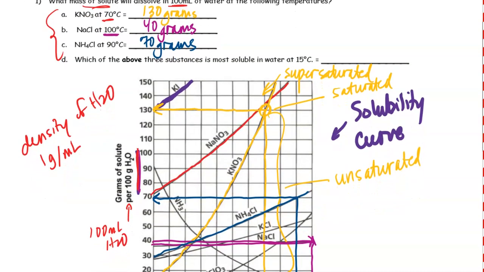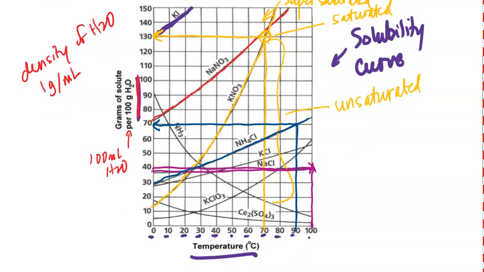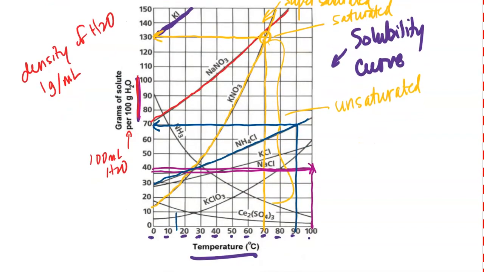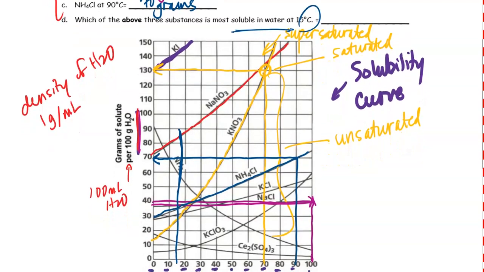Okay, now here's an interesting question to finish up the pre-lecture. It says, which of the above three substances is the most soluble in water at 15 degrees Celsius? So if we find 15 degrees Celsius, that's right here. Okay, and if you notice, our salts were potassium nitrate, ammonium chloride, and sodium chloride.